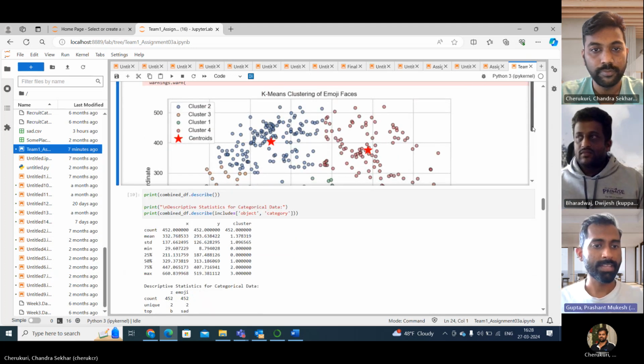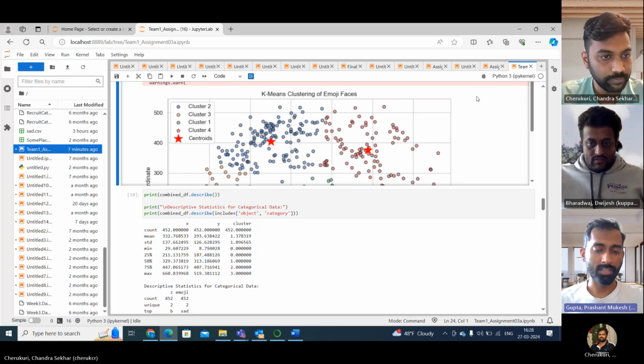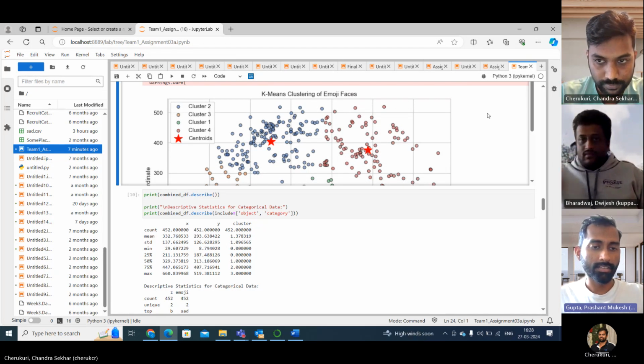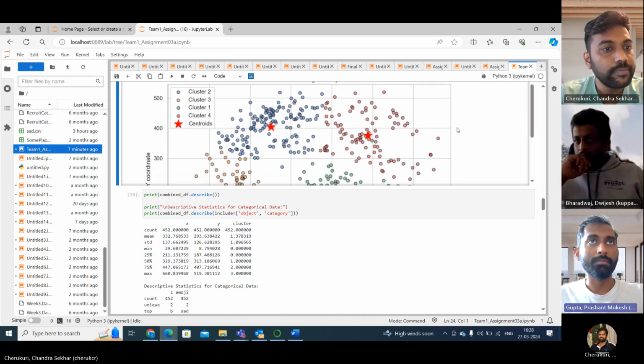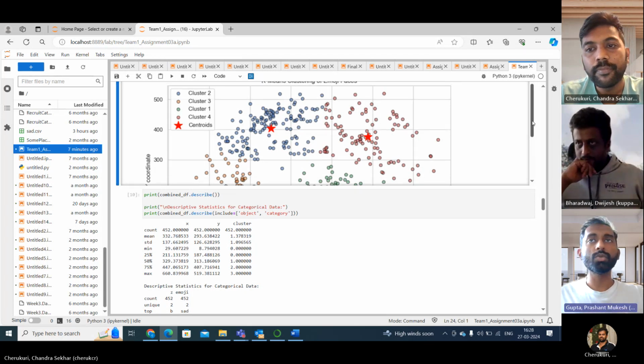Hello everyone. We applied k-means clustering to our dataset. By doing this, we were able to see if there are natural clusters formed when we combine the happy and the sad face datasets.